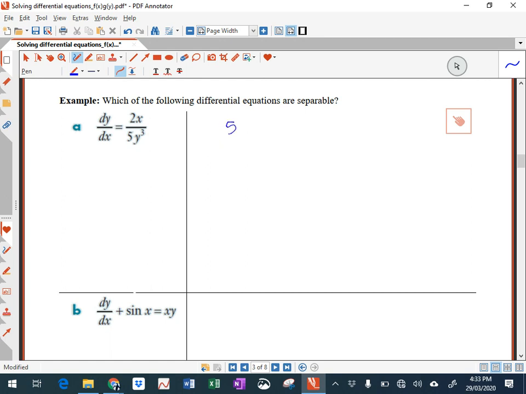So I'm going to get 5y cubed dy equals 2x dx. Okay, now integrate both sides.